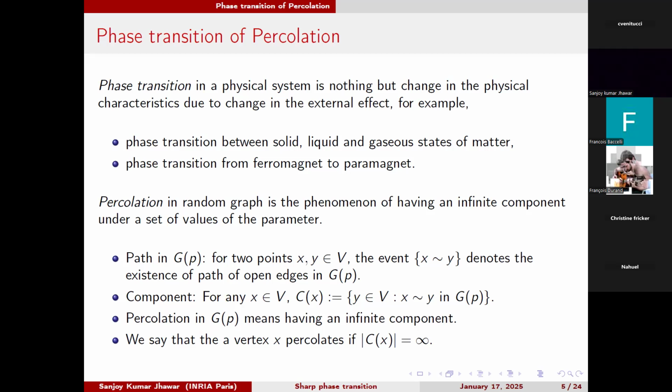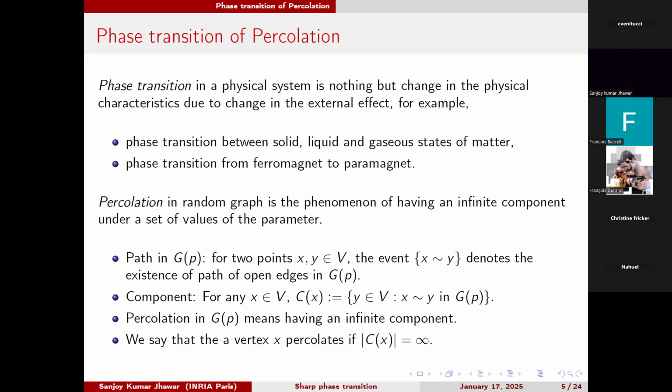In our bond percolation model, let's say we denote the graph as G_p, which depends on the parameter p, and we call the component of a specific vertex x C(x), the set of vertices we can reach, possibly through multiple hops, from x using paths on the graph.